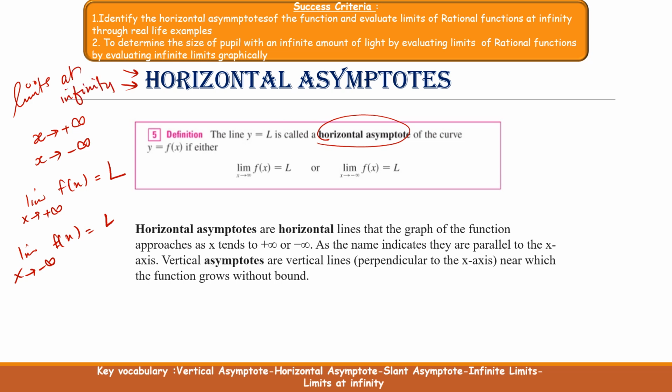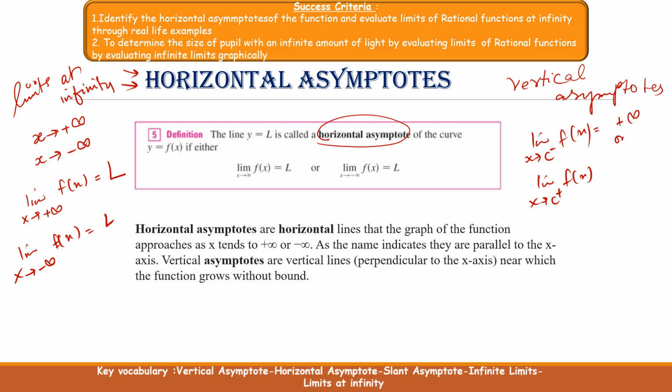Now remember the vertical asymptotes. In order to express a vertical asymptote, the limit approaches a certain number from the left and from the right side, and the y value equals either positive infinity or negative infinity.